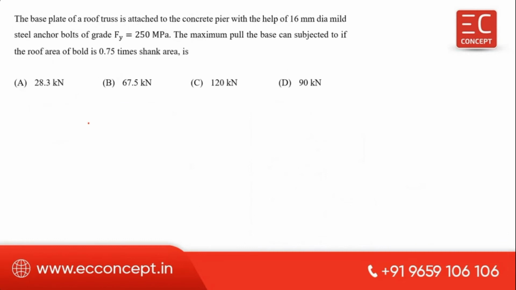So the next question is the same kind of question we have already seen in the 1 mark. See the question, they have kept it as 1 mark as well as 2 mark. The base plate of your roof truss is attached to the concrete pier with the help of 16 mm diameter mild steel anchor bolts. Therefore, the anchor bolt is subjected to tensile force.